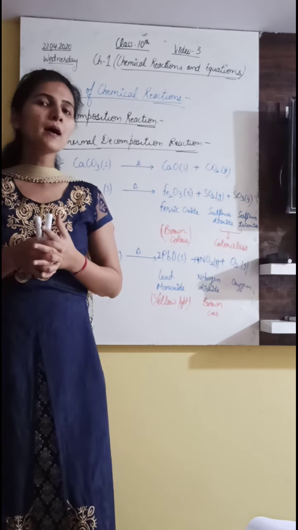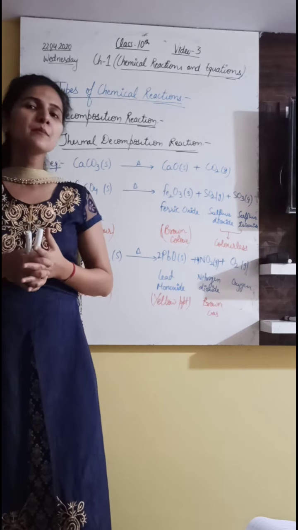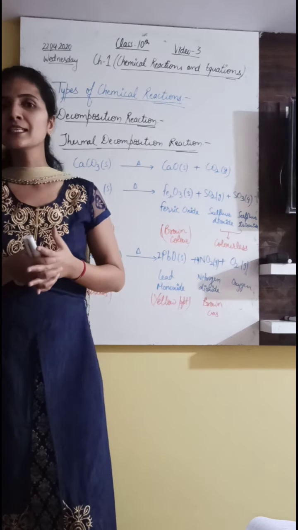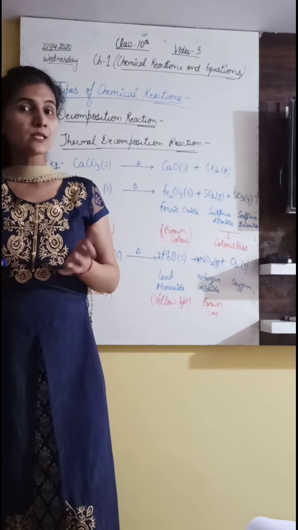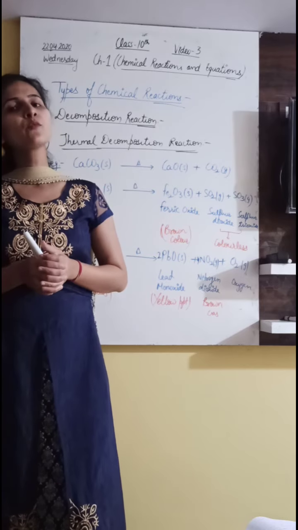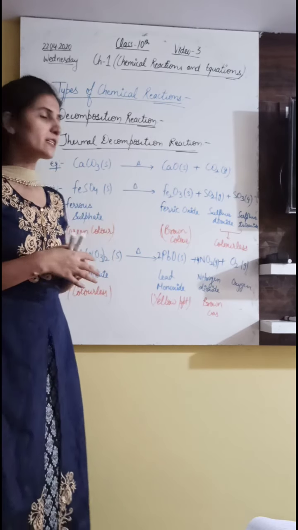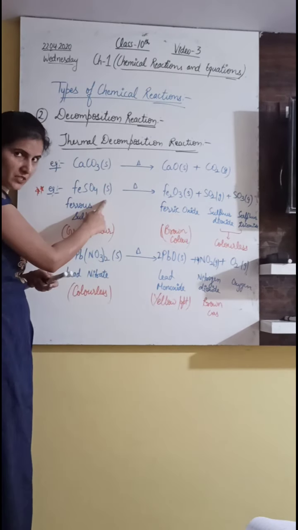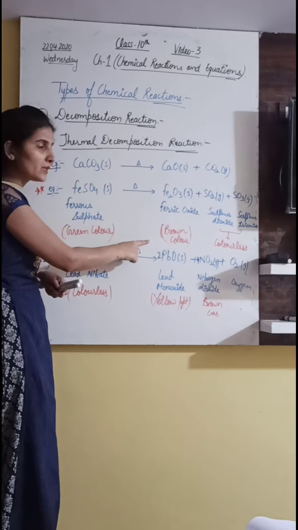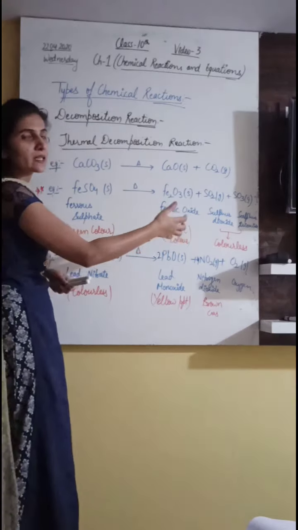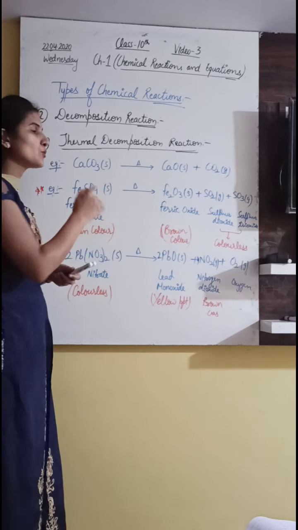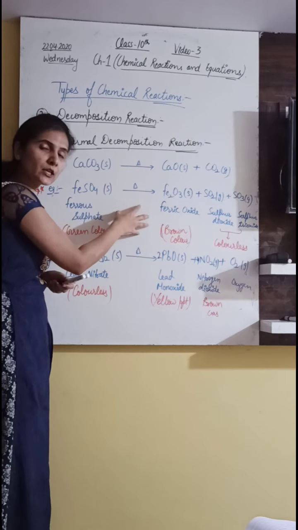Tell me the compound which is green in color, tell me the compound which is brown in color, and name the gas or gases which are evolved in this particular case, along with the chemical equation. So first one is ferrous sulfate, which is green in color. Then ferric oxide, which is brown in color, and the gases evolved are colorless, which are sulfur dioxide and sulfur trioxide. And afterwards you have to write this equation.